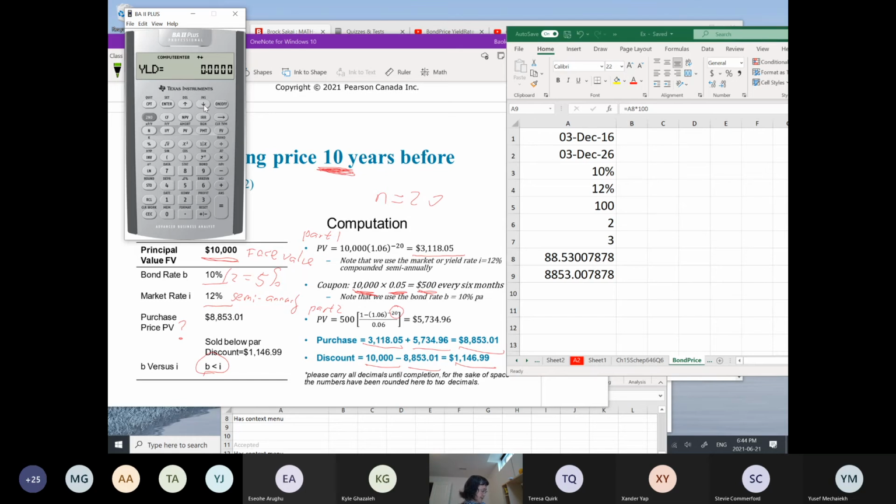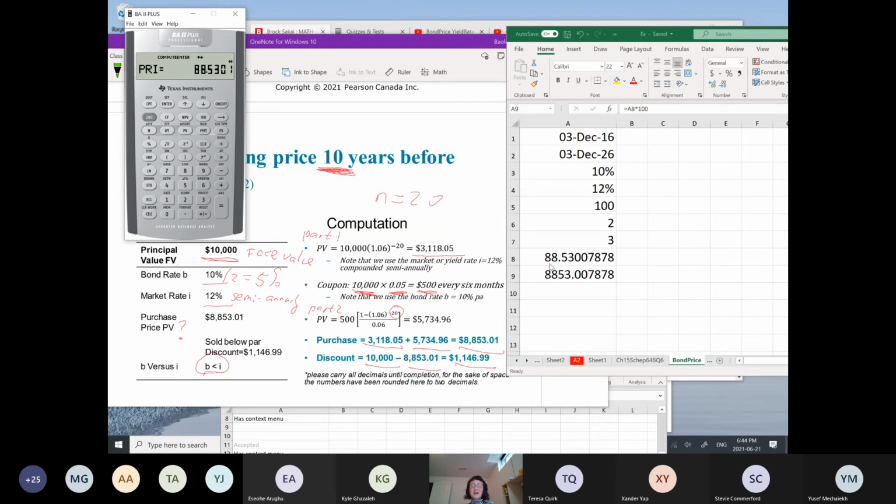Then you have YLD, the yield. Yield is also the market rate, the same as market rate. In this example, it is 12, so you type in 12 without percentage, enter. Then down arrow key. You have PRI, which represents the price. After you see PRI, you click CPT, compute. See, you get 88.53, exactly the same as I got from Excel.